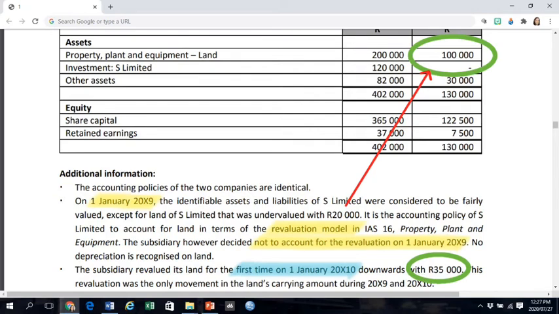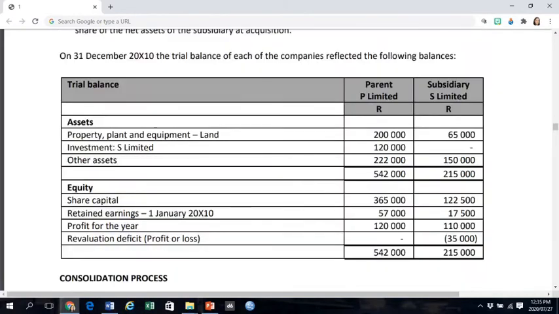This was the only movement in the land's carrying amount during 20X9 and 20X10 in the separate financial statements of S. On 31st December 20X10, the trial balance of each of the companies reflected the following balances. The land is now measured in the separate TB of the subsidiary at 65,000 Rand, which is the 100,000 Rand cost price minus the deficit recognized during 20X10 of 35,000 Rand.